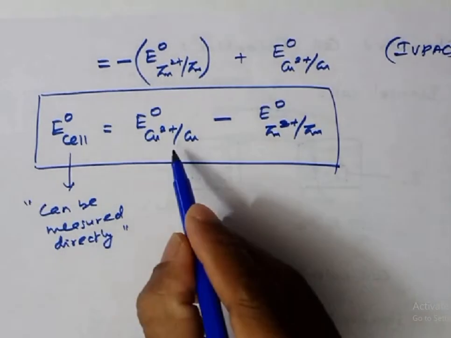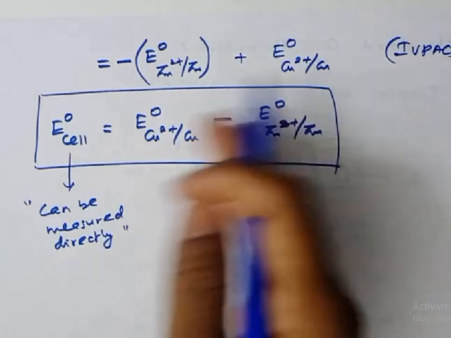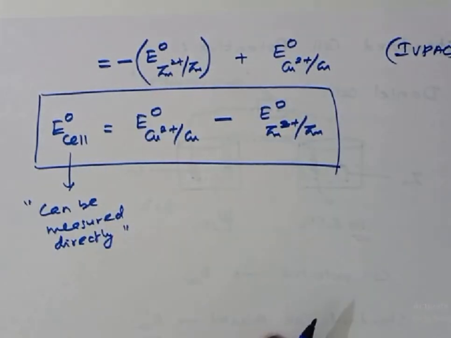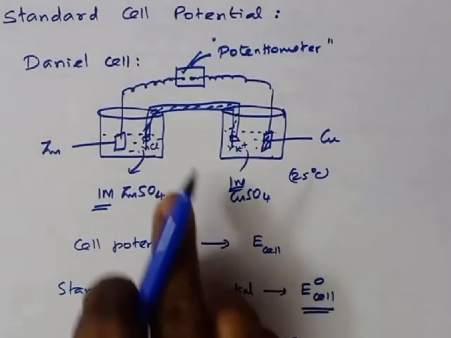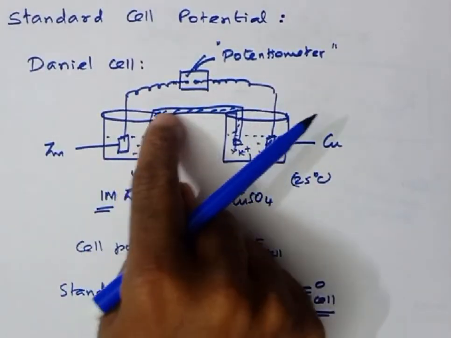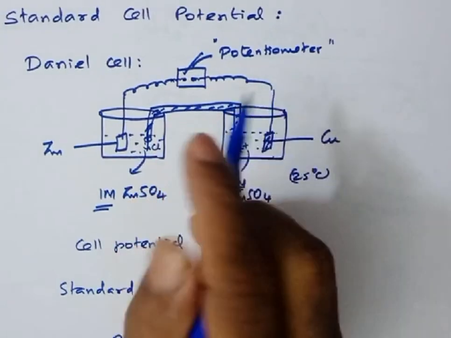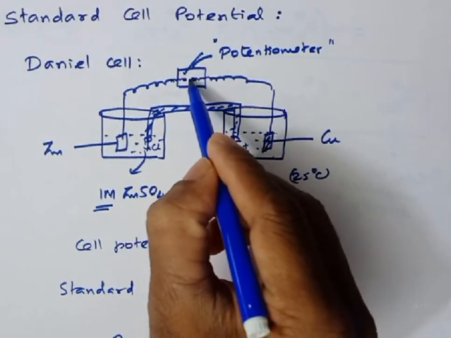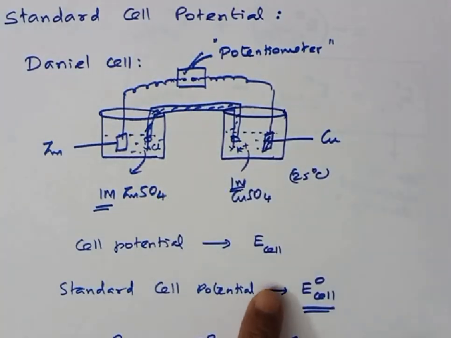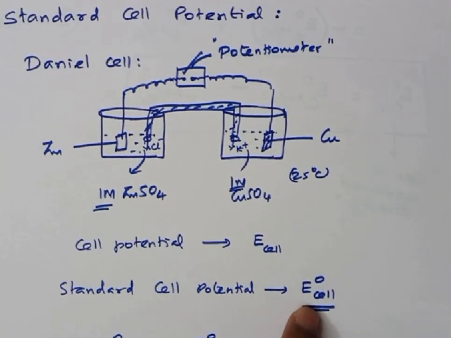But these two things can be measured in an indirect manner. We are going to discuss that. See what I'm trying to say, student. When you join the two electrodes and immerse the salt bridge, whatever potential appears in the potentiometer is nothing but cell potential or standard cell potential.